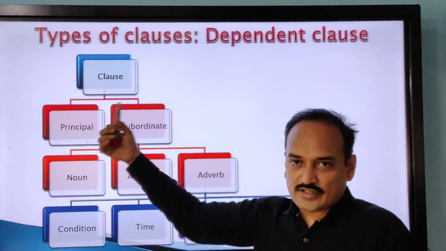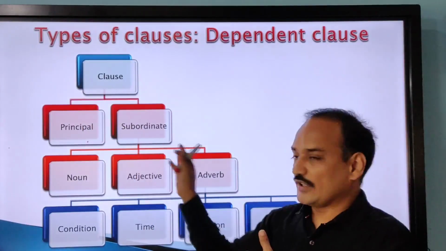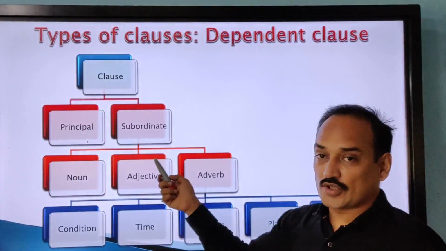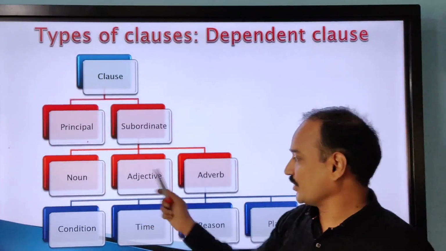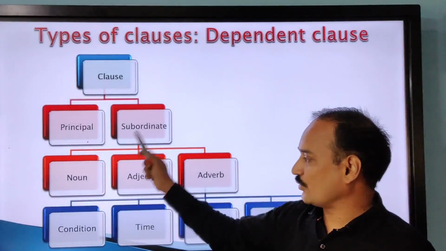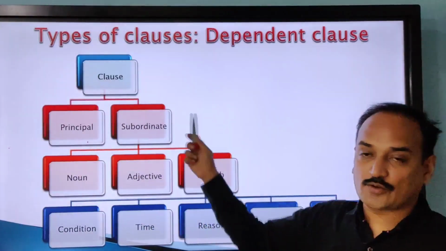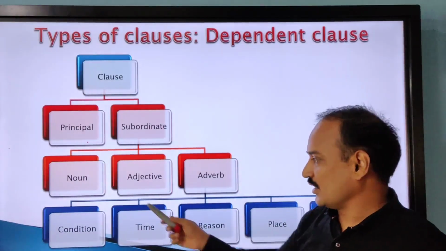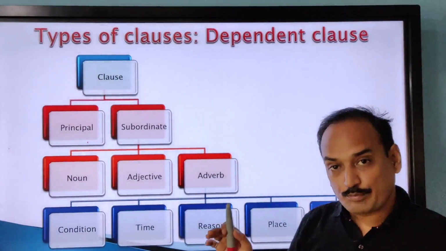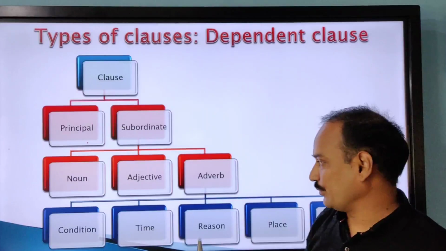Independent, okay, it does not have to do anything with the subclauses. So these subordinate clauses are divided into three different clauses: noun clause, adjective clause and adverb clause. What are these clauses? That also we are going to discuss. Prior to that, let us talk about the main types first and then we will go one by one.